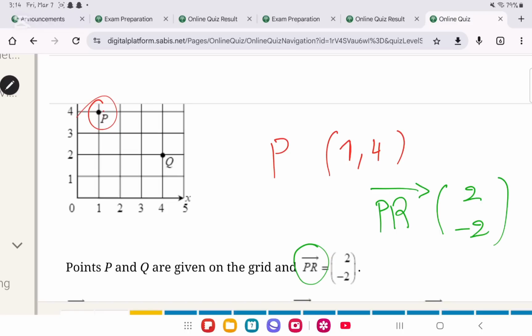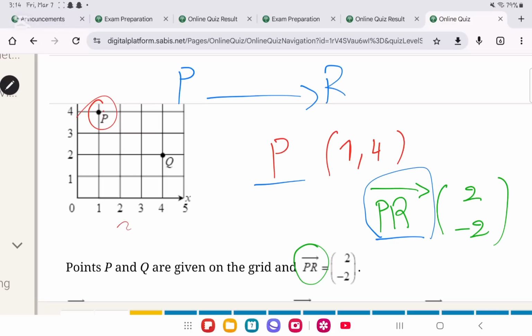But what is the meaning of a vector? The meaning of a vector, very simply, it is you are moving from one point to another point. So, very simply, the vector PR is moving from the point P all the way to the point R. So, if you are given the point P, and you are given its vector PR to move from point P to R, then, very simply, you can find the point R. How do we find the point R?